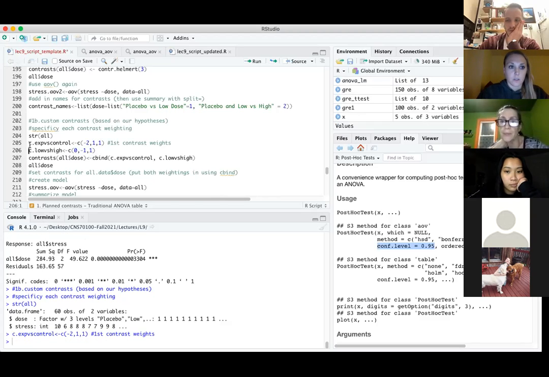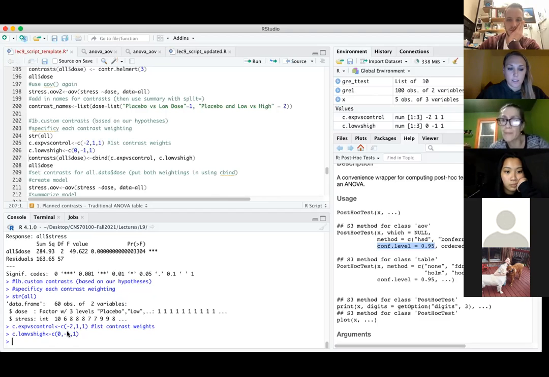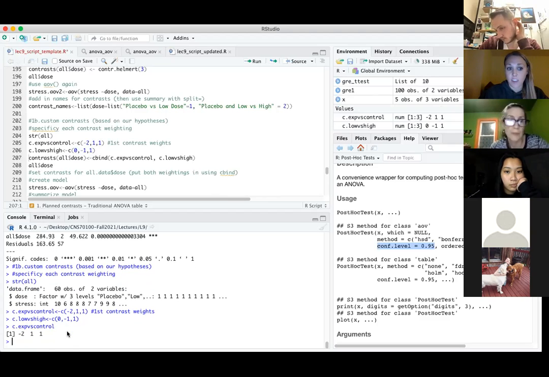So I'm going to create those. And if we look at these, they're just vectors of numbers, right? So that's very simple things that we've worked with before. Now this is something new. So we're going to say contrasts of all dose.